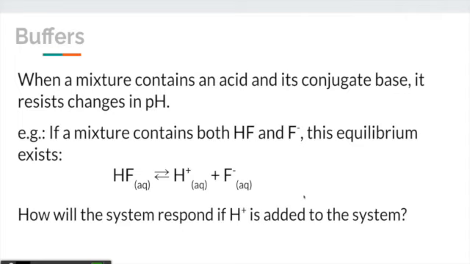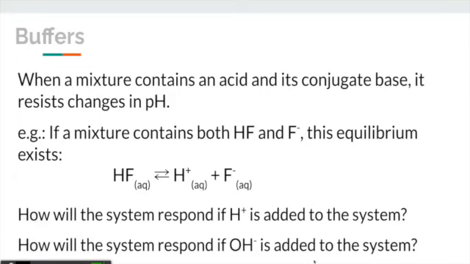So that mitigates the effect of adding that extra H plus. Instead of the pH dropping, the H plus is going to turn into HF, and that successfully reduces the change in pH because HF is a weak acid and H plus is a strong acid. So we took a strong acid and shifted this reaction backwards to turn it into a weak acid, and that has less of an effect on pH.